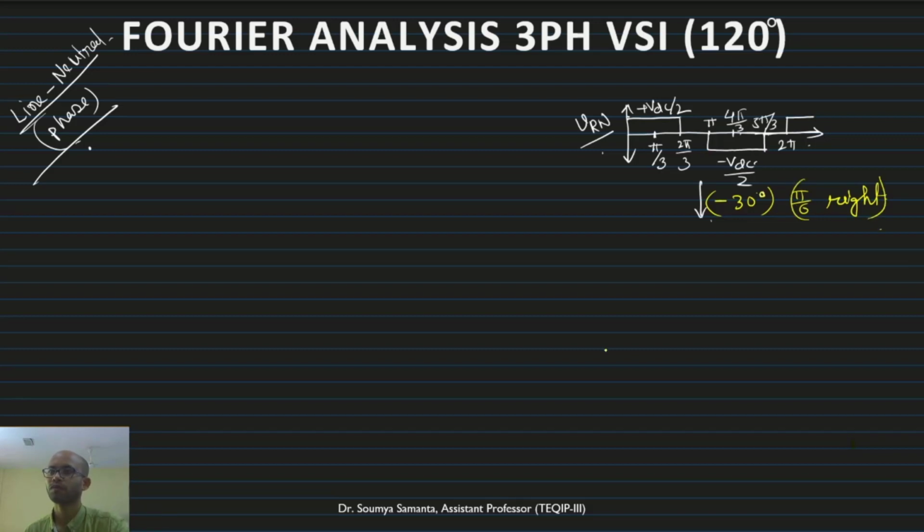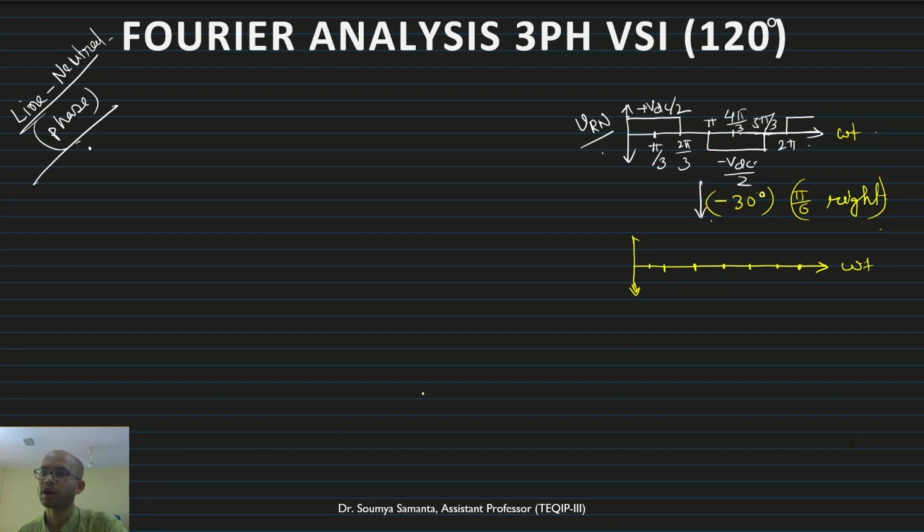If we shift right, what will be the waveform? Suppose this is 60 degrees, 120, 180, then 240, 300, 360.